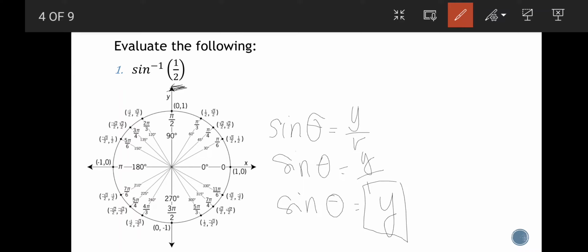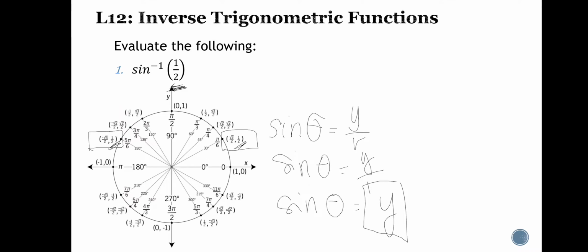So for y coordinates, we have here 30. The y coordinate is 1/2. And we also have 150 degrees, which also has a y coordinate of 1/2. However, we have to take into consideration the range of our arcsine function.